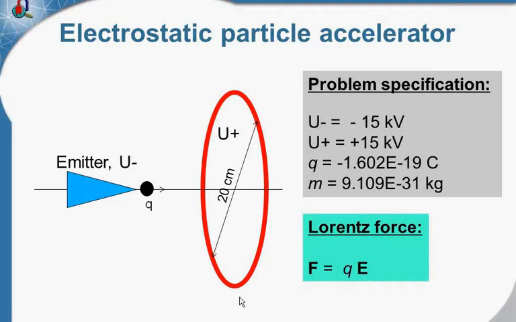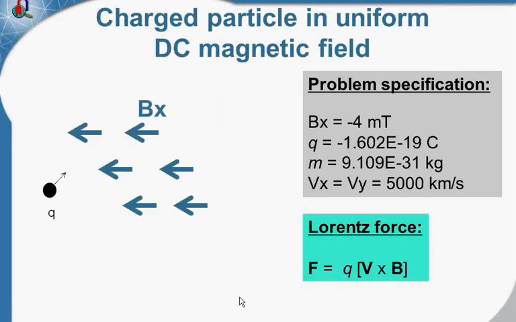The next problem I would like to show you is a charged particle in the magnetic field. There is a uniform magnetic field, and we know the charged particle parameters and the field parameters, the flux density.